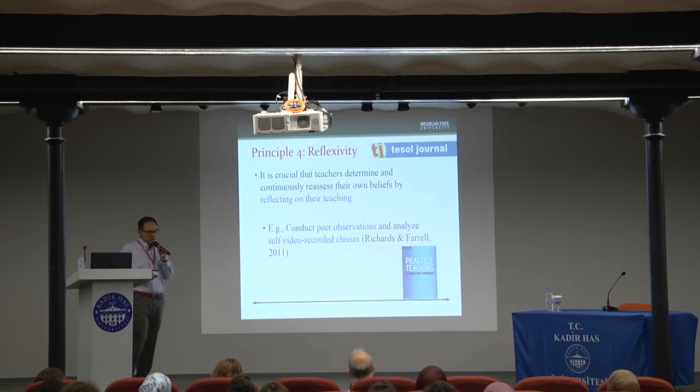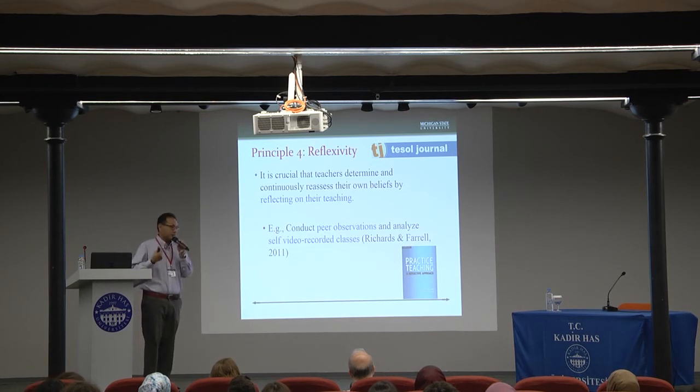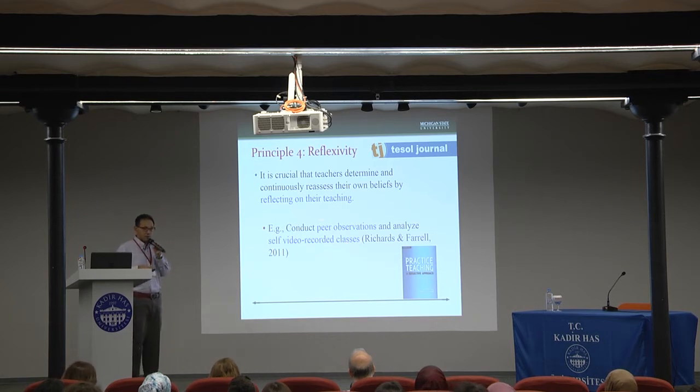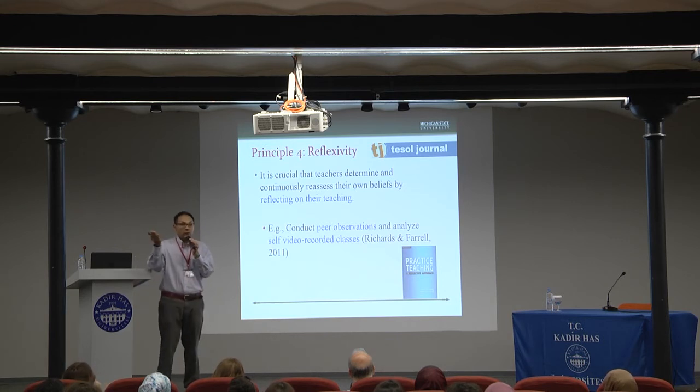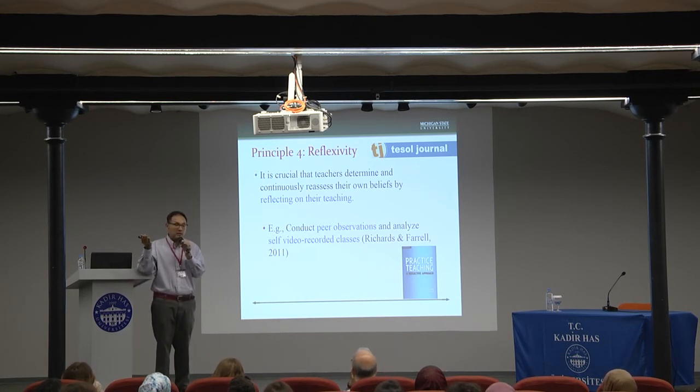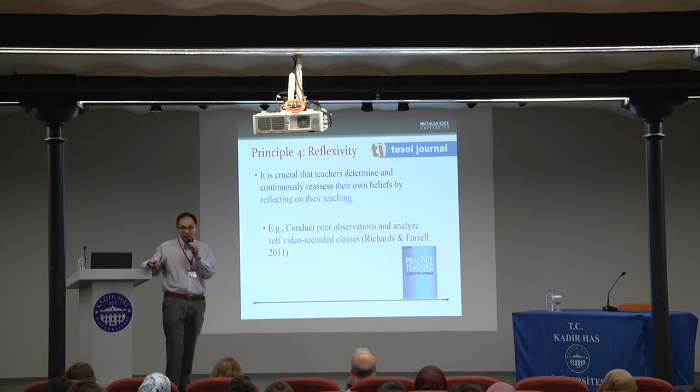So what Kinsey and Laurel did was they ended up coming up with examples. And so they said, oh, this idea of reflexivity, how exactly do we carry out reflexivity in the classroom? And they said maybe one of the things we could do is to conduct peer observations, where, for example, you have a fellow teacher, your colleague whom you trust, sit at the back of the classroom, and there's a camera there, for example, and maybe you record your own teaching and then do an analysis or debrief of the lesson.